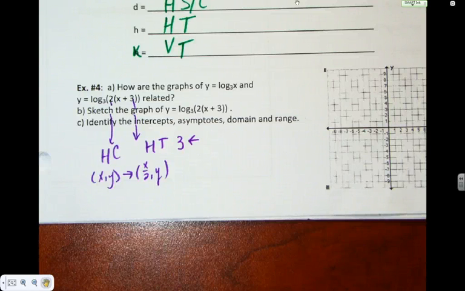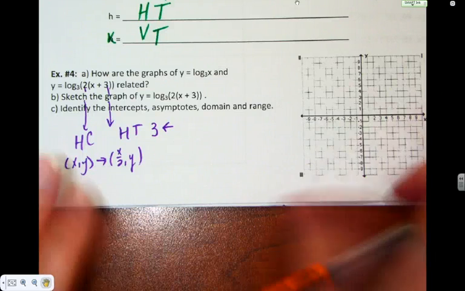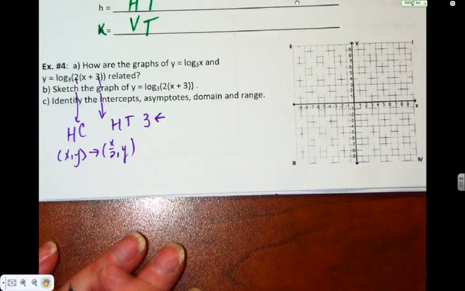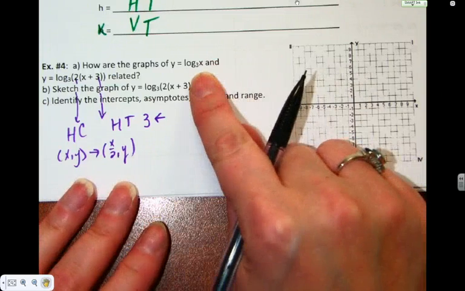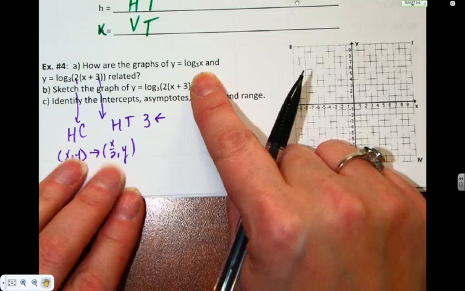Perfect. Base graph. Okay, so the base graph is just log base 3 of x, and what do we use to draw log base 3 of x?